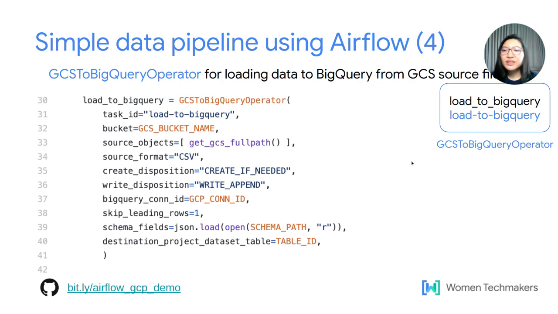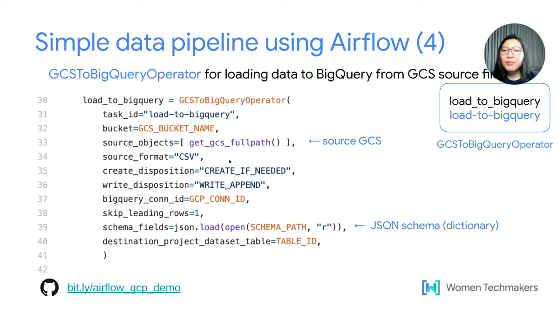And the last one is the GCS to BigQuery operator, where you have a lot of options to customize. The source object means the source file path on GCS, where you can import multiple files in a list. You can specify the source format of the data, whether it is CSV or Parquet or Avro, as BigQuery supports.